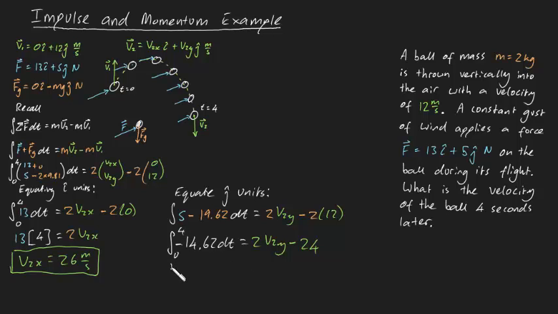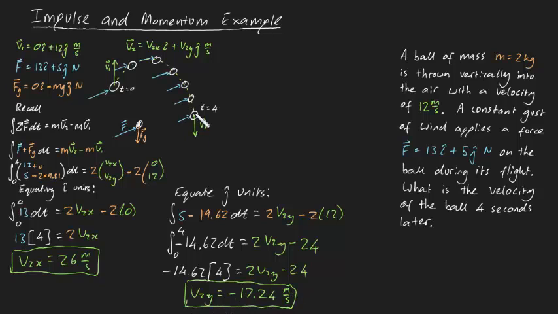When you power through the integration, you're going to be left with minus 14.62 times 4 is equal to the same on the right-hand side, 2 v2y minus 24. And when you solve this using simple algebra, v2y is going to be equal to minus 17.24 meters per second.